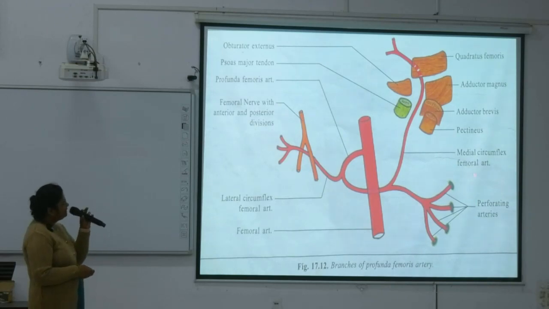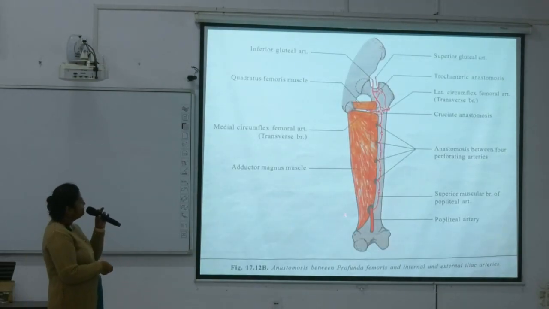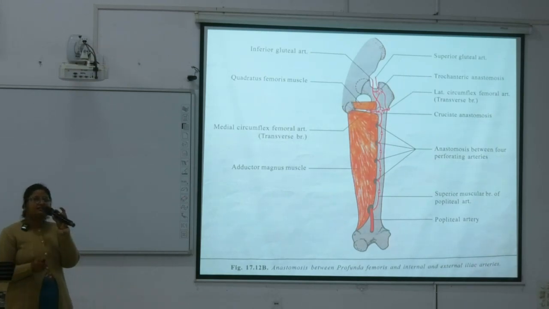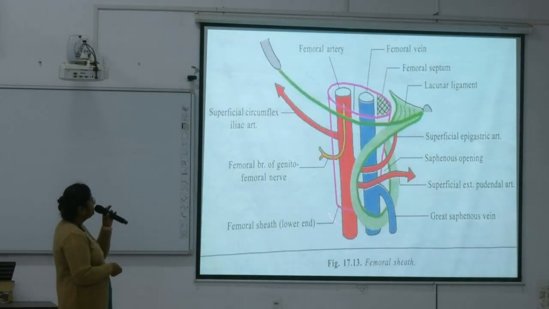And these are the perforating branches, terminal branches of the profunda femoris artery. These perforating branches form an anastomotic chain on the posterior aspect of the adductor magnus. Here is the cruciate anastomosis, here is the trochanteric anastomosis, formed by branches from the medial and lateral circumflex femoral arteries. Next, this is the femoral sheath.